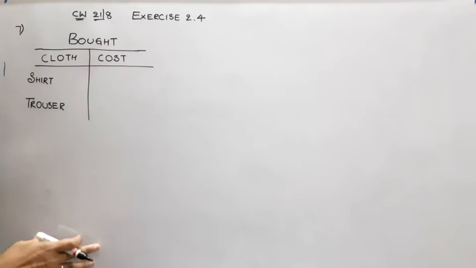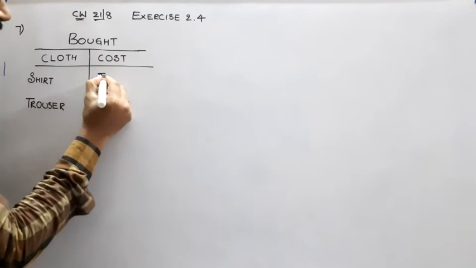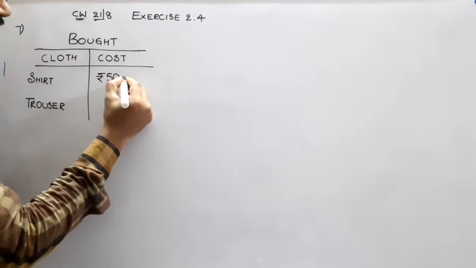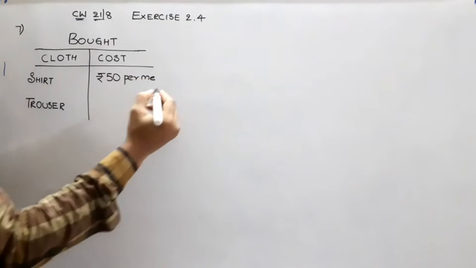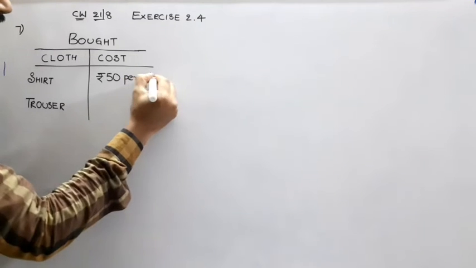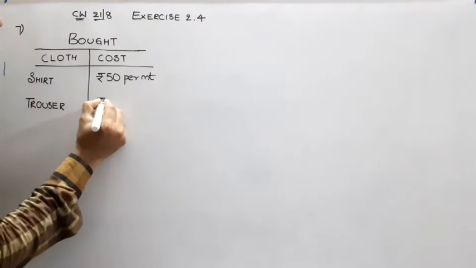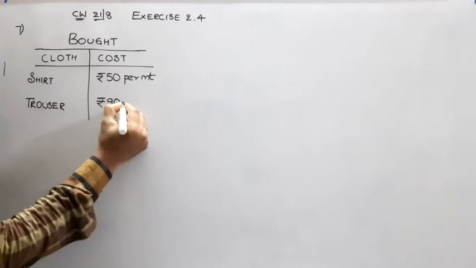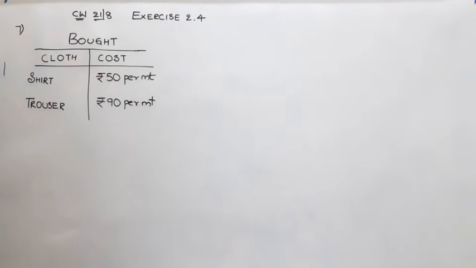Shirt material that costs him rupees 50 per meter. And trouser material costs him rupees 10 per meter.